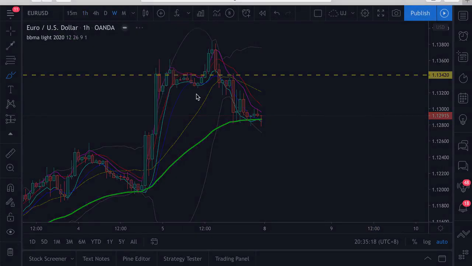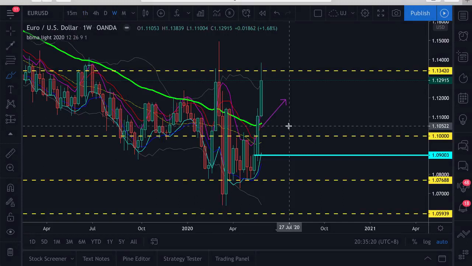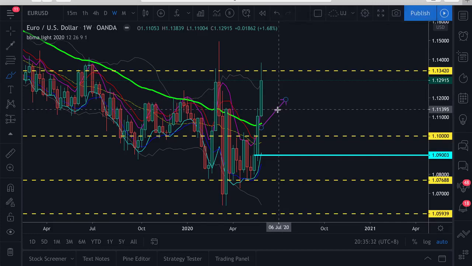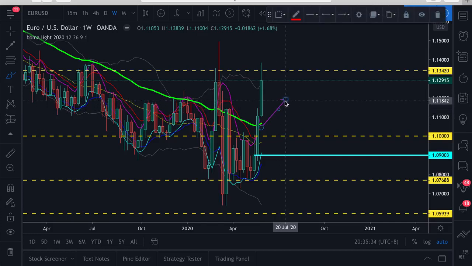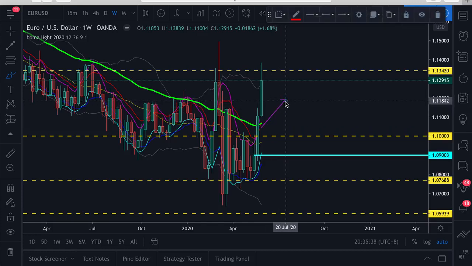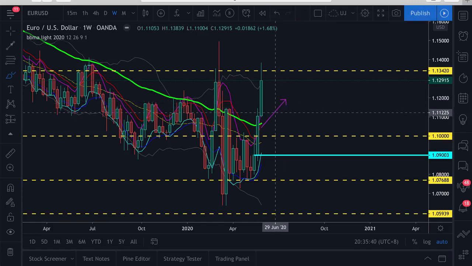For EURUSD in weekly time frame, we can see that the price is already at the top BB. Okay, let me get rid of this for a while. Give me 1 second. Okay, never mind.